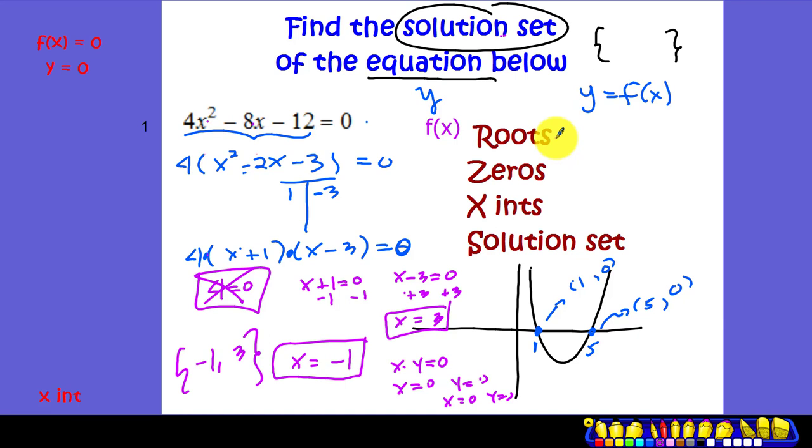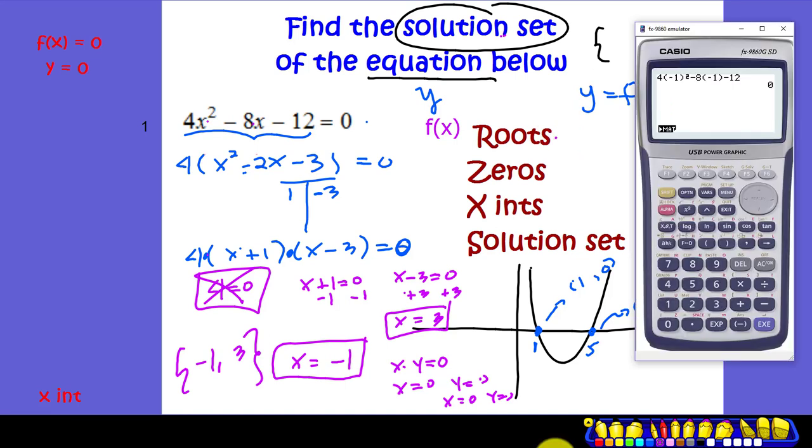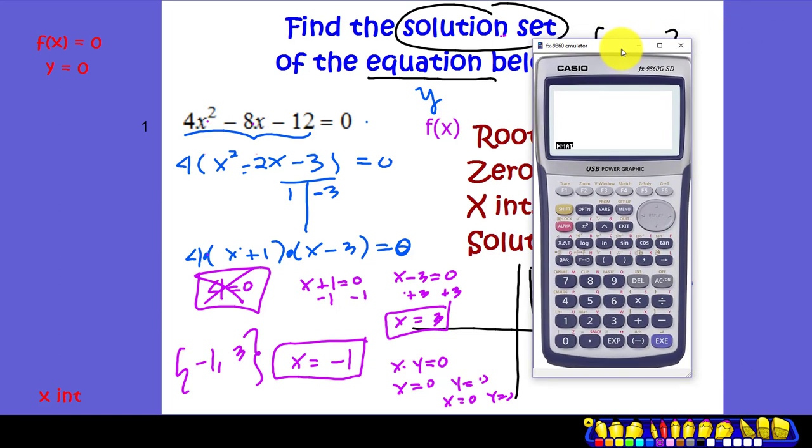Now, if you would like to check your work, so we said that these are your zeros, meaning if you replace your x by negative 1 or 3, the left side will be equal to 0. So let's try to plug in your negative 1 to your x. So I will have 4 x squared, so replace your x by negative 1, minus 8 times negative 1 minus 12.